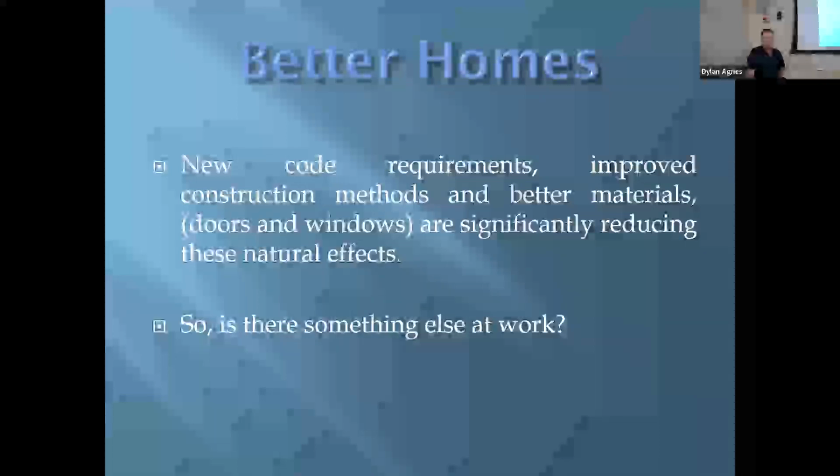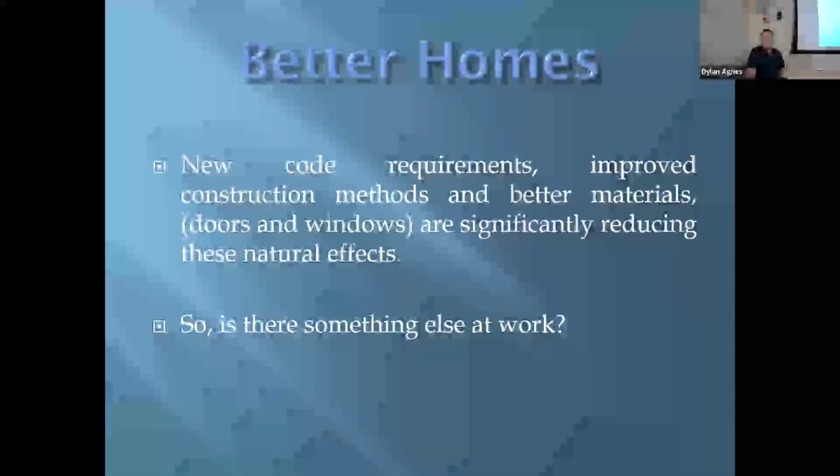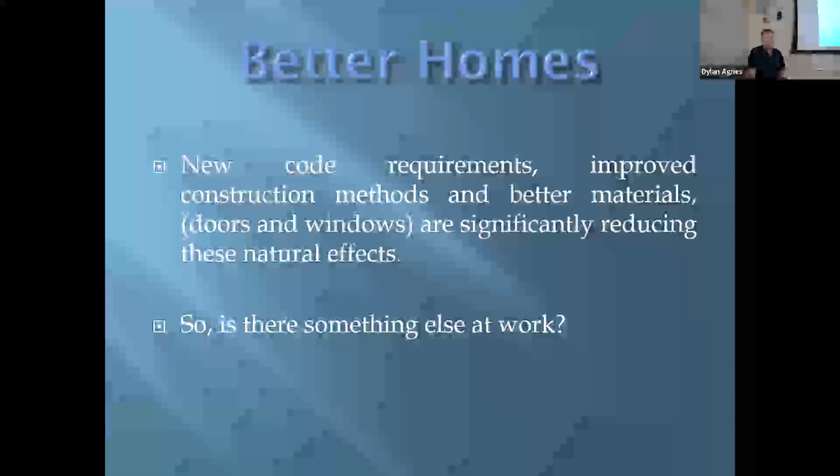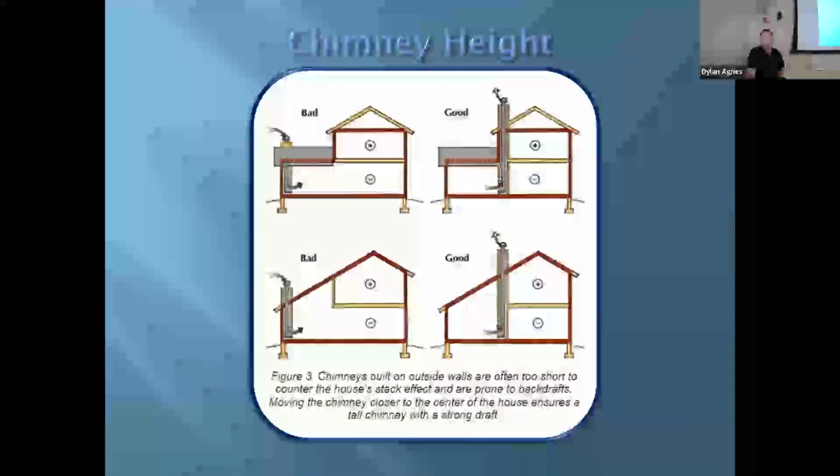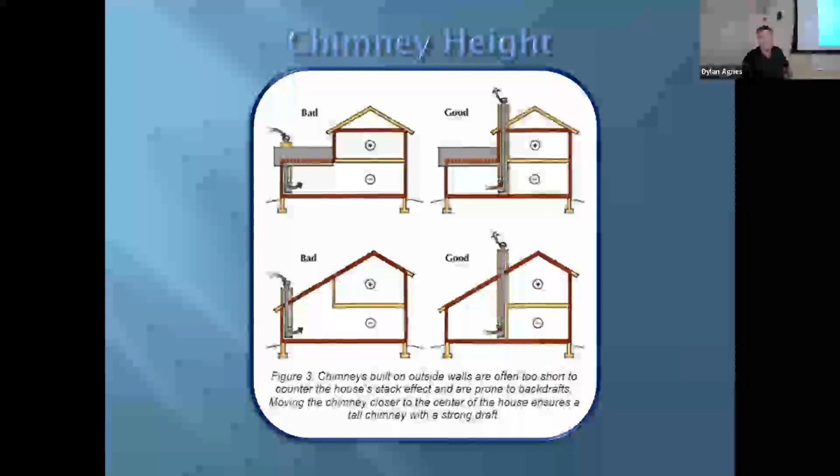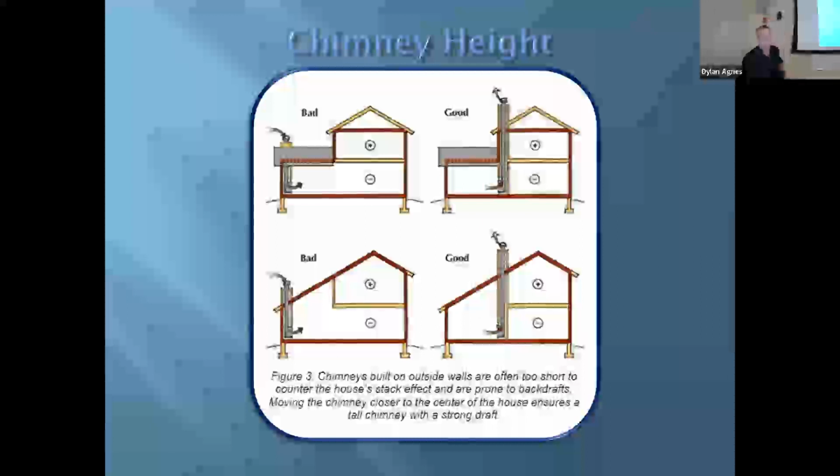But having said all of that, is there something else that's creating the problem? And there is. Part of it is the chimney location. I'm going to stand up for a minute so I can point these out, since I can't point them out on the computer screen if you guys are online.